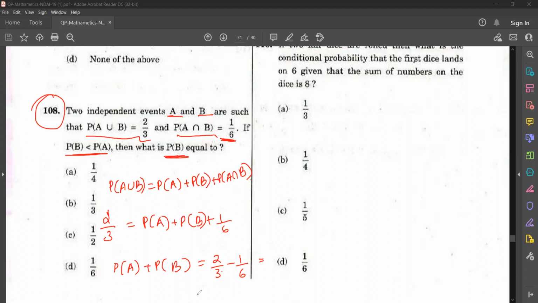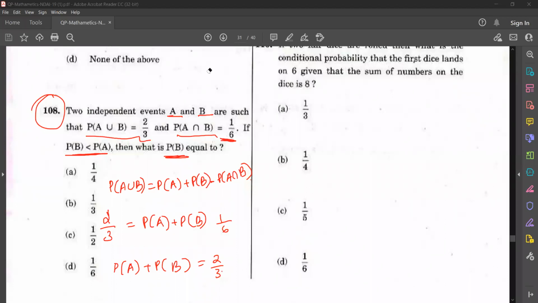What do you get for that? 3 by 6, isn't it? Sorry, so this is plus here, no? So that is minus, that is plus. The formula is P of A plus P of B minus P of A intersection B, isn't it?